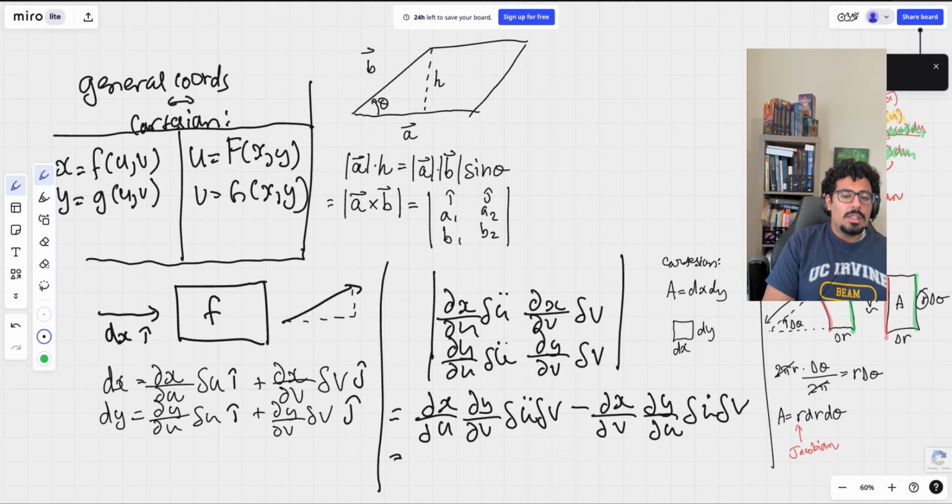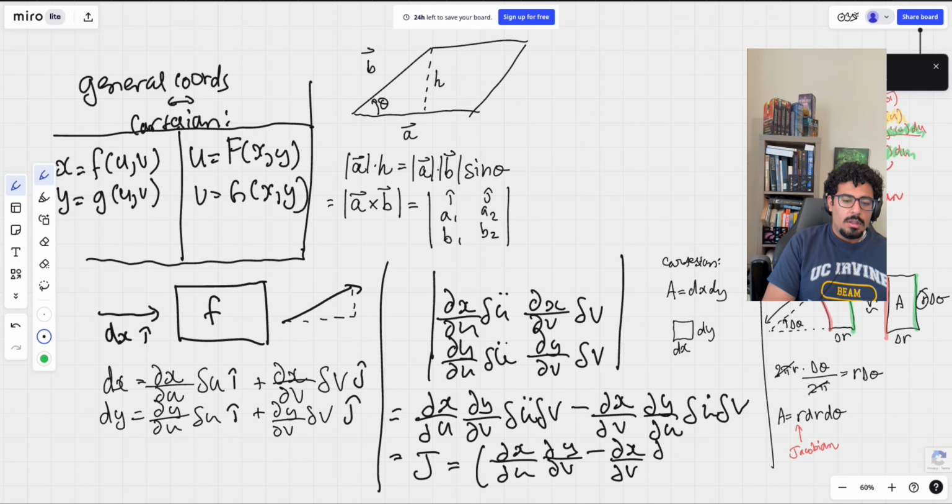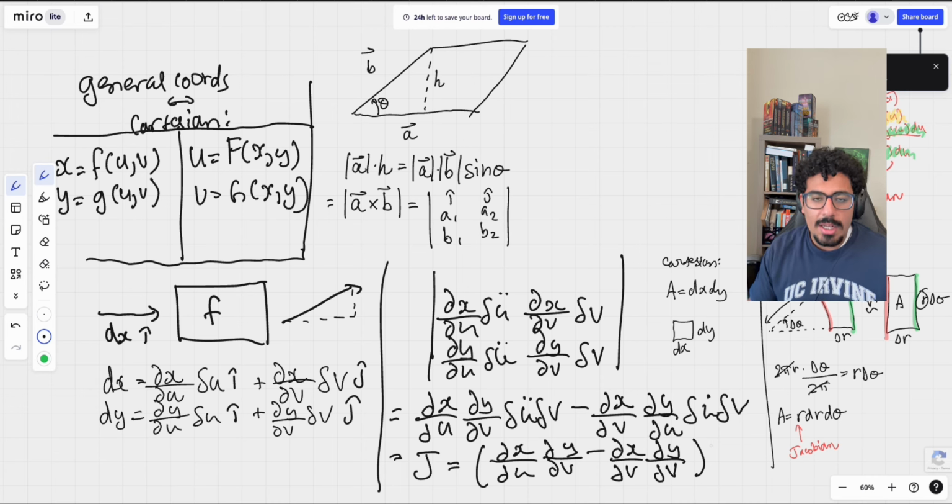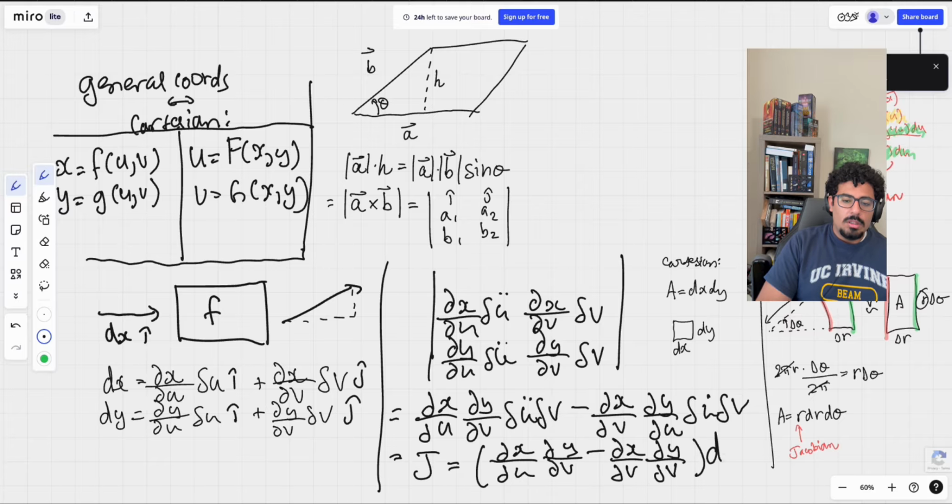And factoring out the delta u delta v, we get the Jacobian equals partial x partial u partial y partial v minus partial x partial v partial y partial u. And as delta u and delta v become smaller and smaller, they become infinitesimals, we get du dv.